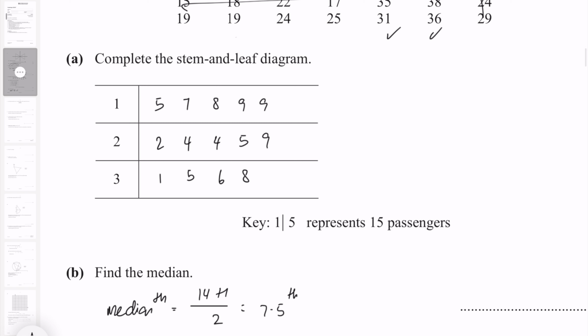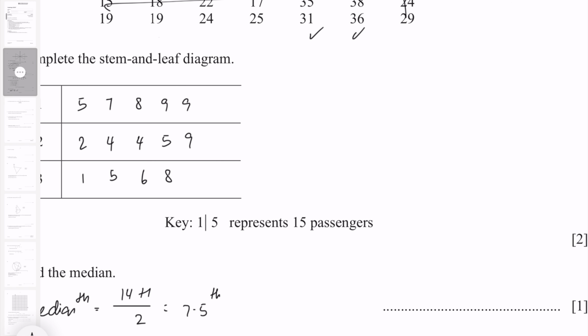So I want the 7th and the 8th number. There's 5 numbers here. 6, 7. Okay, so I want these 2 numbers. And the average of these 2 numbers is still 24. 24 plus 24 divided by 2. That's the average. And the final answer is still 24.